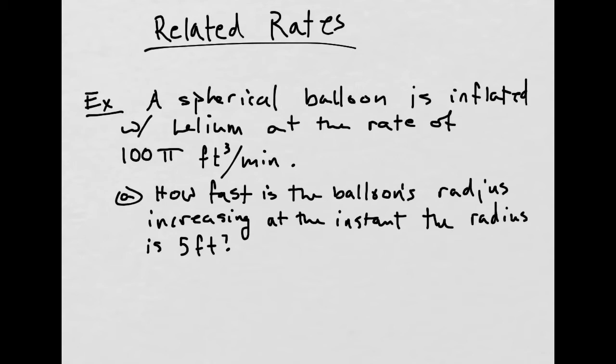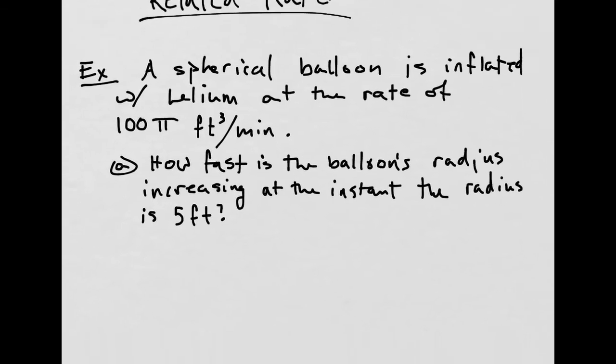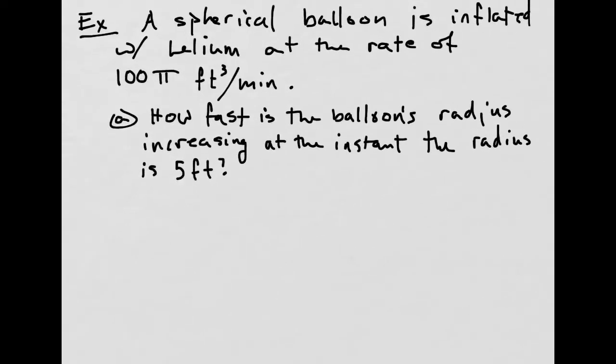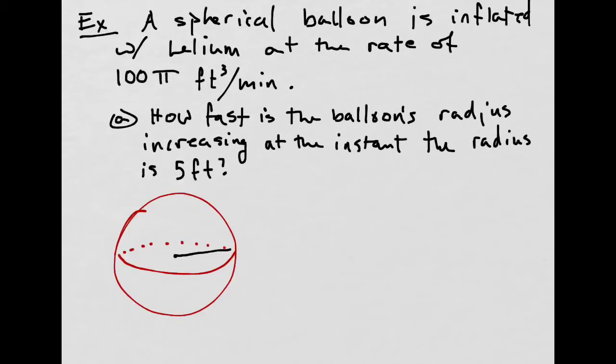So the first thing that we're going to do here is just draw a picture of the balloon. So we have a picture of a spherical balloon, and I'm going to label anything that changes with a variable. If the balloon is being inflated with helium, then it's expanding, so that means the radius is changing.